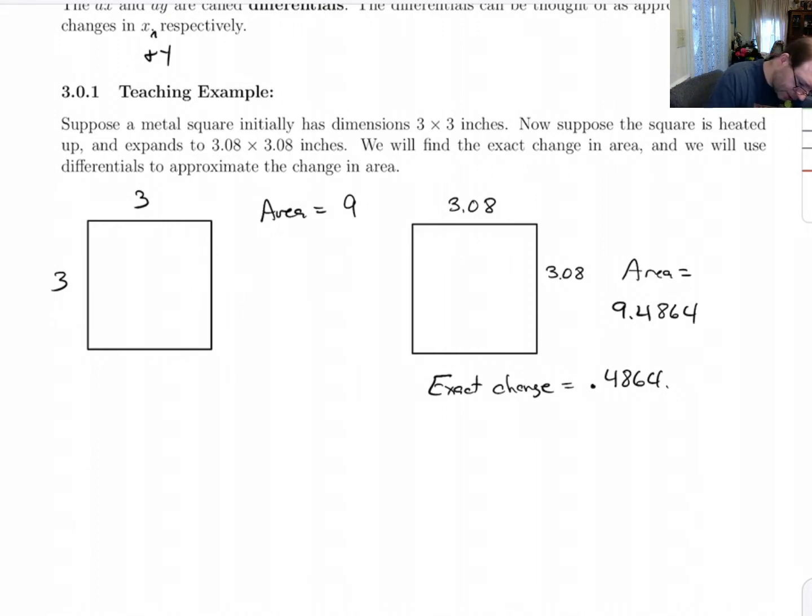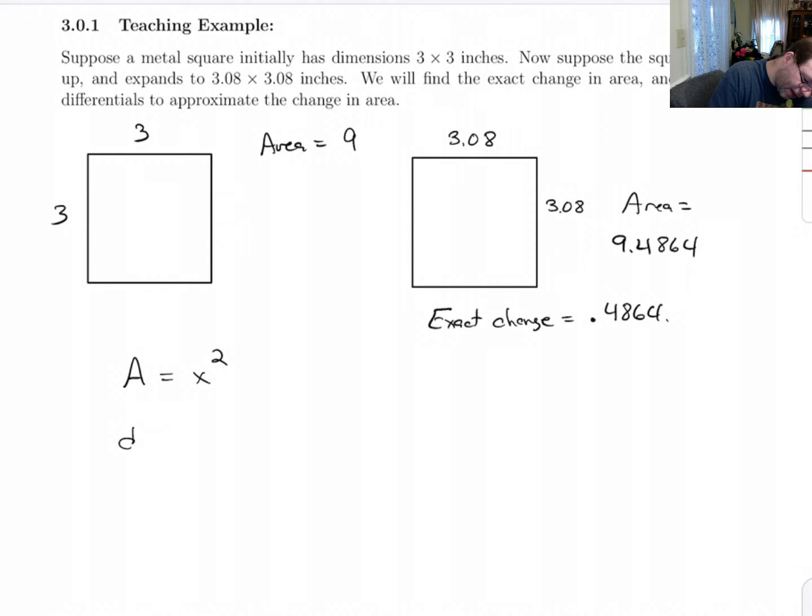So we need a function. The function we have here is area is x squared. Now if I take the derivative of A with respect to x, I get dA/dx is 2x. And if I multiply both sides by dx, I get dA is 2x dx.